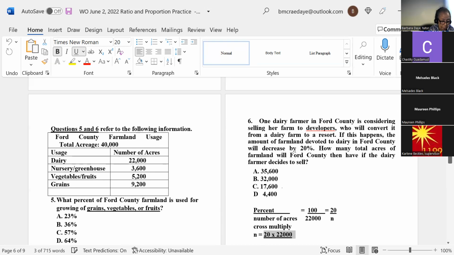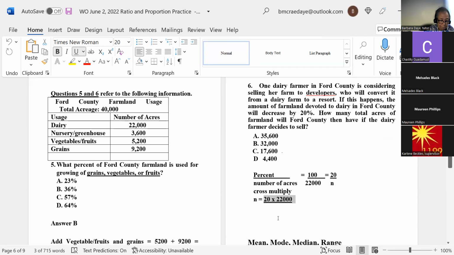It's equal to 44,000,000. Okay, so that's divided by 100. And what did you get? 4,400. How many zeros? 2.